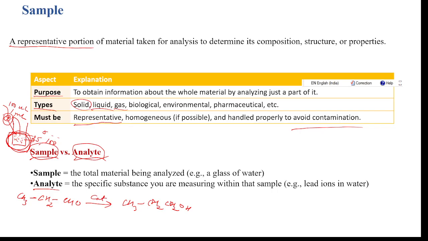So what do you want to analyze? You are only going to analyze what? Aldehyde, that is how much aldehyde is there in the reaction mixture, and alcohol, like how much alcohol is formed inside the reaction mixture. And based on your demand, some people also find out what is happening in the catalyst as well.